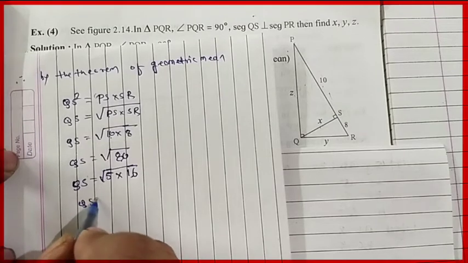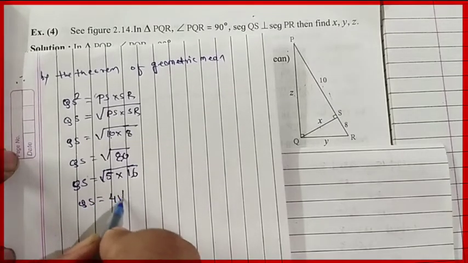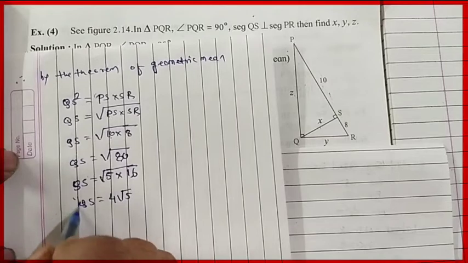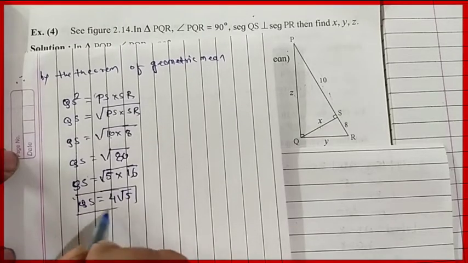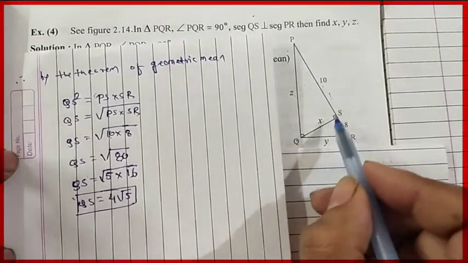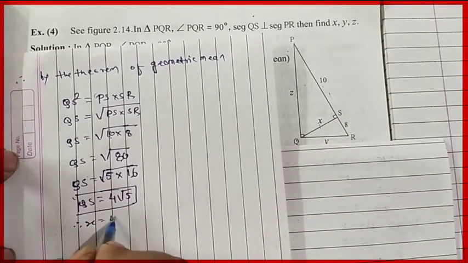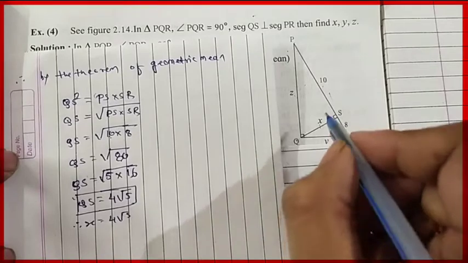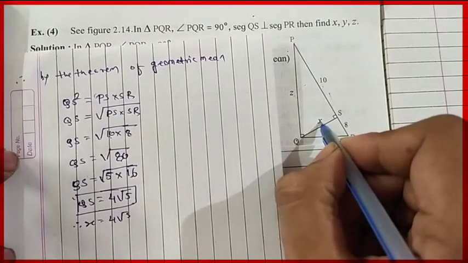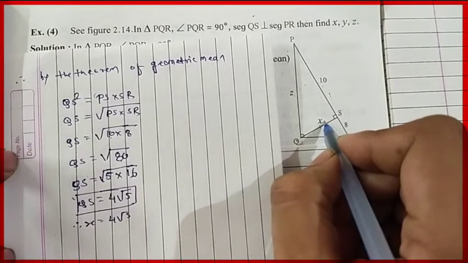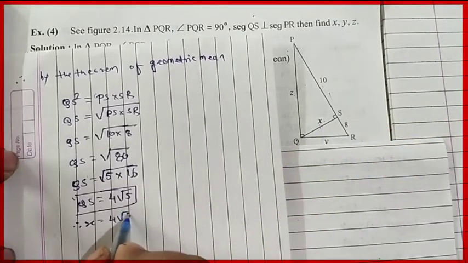So, QS equals 4 root 5. So, this is the value of QS. Okay. And what is QS? QS is X. Therefore, X equals 4 root 5. So, we have calculated X equals 4 root 5.